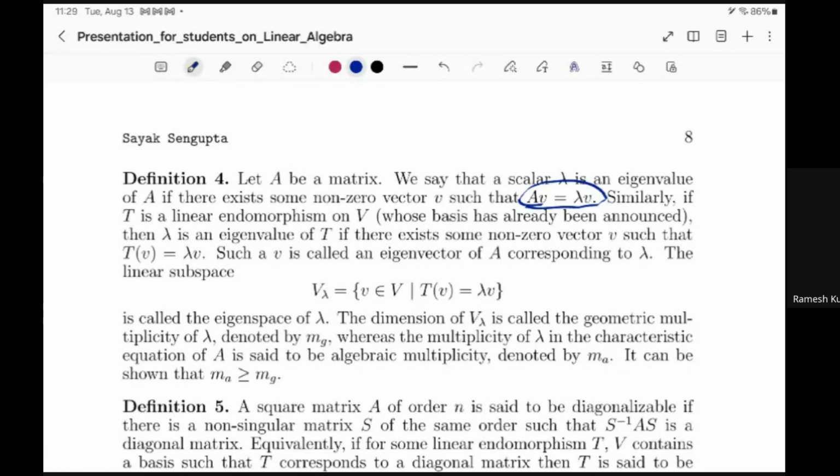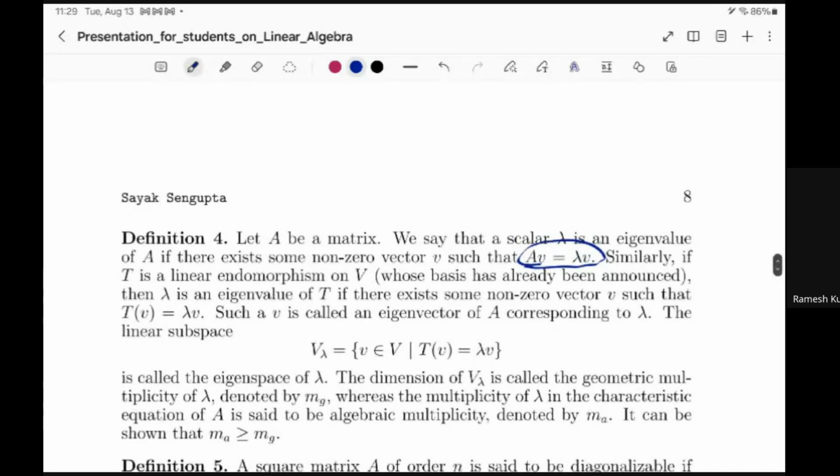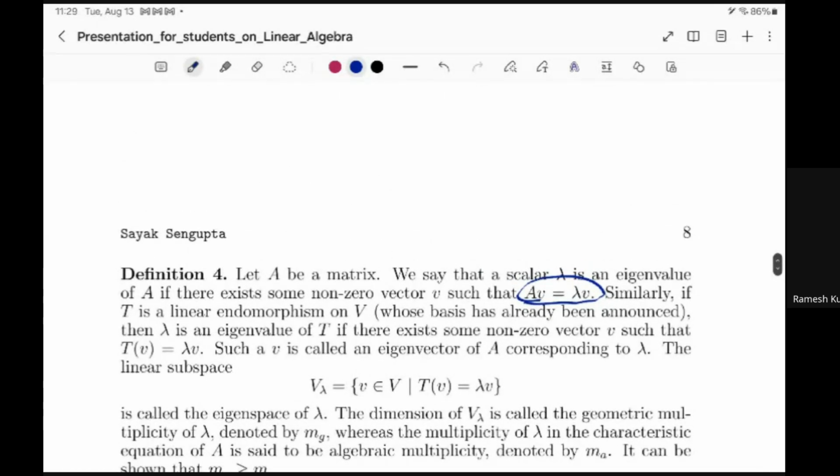Now, what exactly does this entail? That is exactly how you get the characteristic equation of a matrix, because if AV equals lambda V holds, then it means this is the same thing as saying that (A minus lambda I)V is a zero matrix.